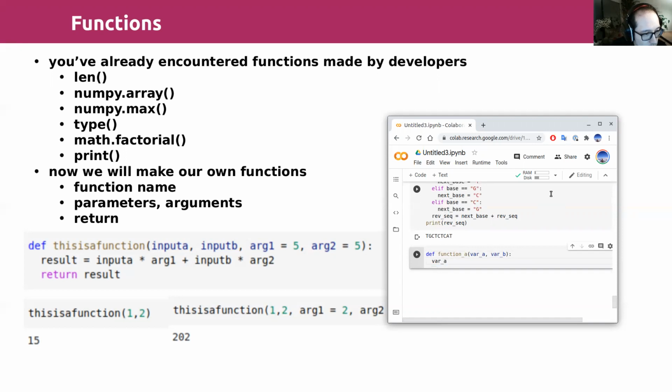Maybe we just add variable A and variable B, and we'll call this variable C, for example. And then if we want the function to return something, and it's actually optional, you can have functions that just do something and don't necessarily output anything.